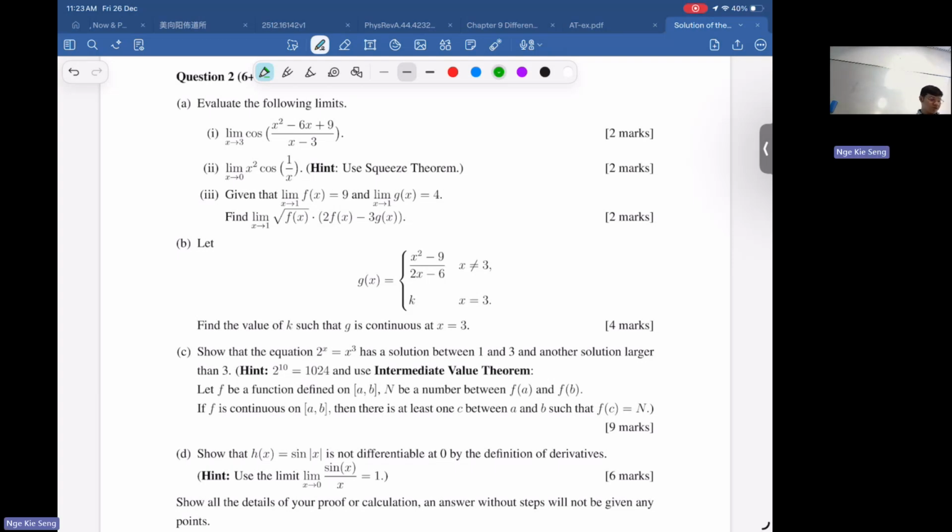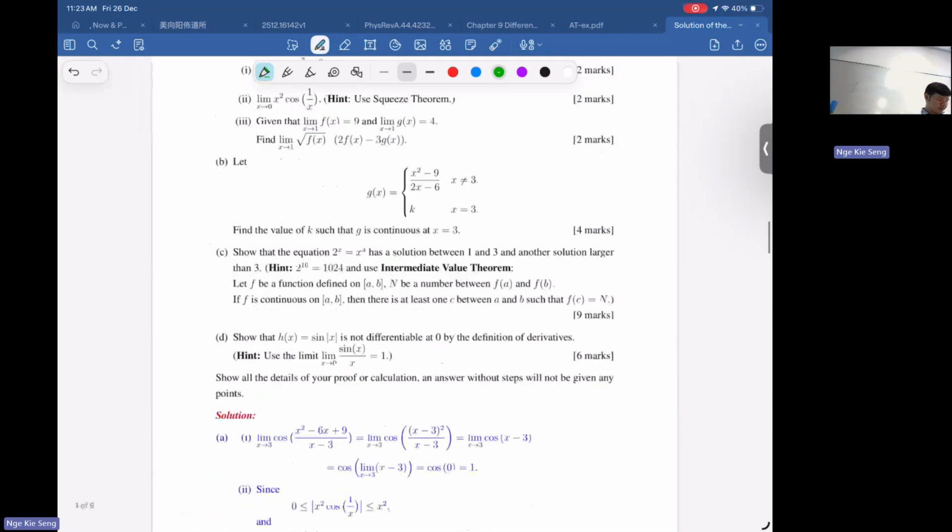And then C is to use the intermediate value theorem, but we already give you the whole statement here. So the point here is to ask you whether you can apply it or not. Can you find the right number to use it? And then D is to show that it's not differentiable using the derivative definition. So there's a left-right limit going on here again.